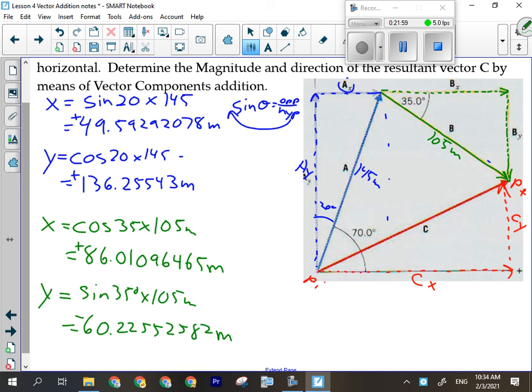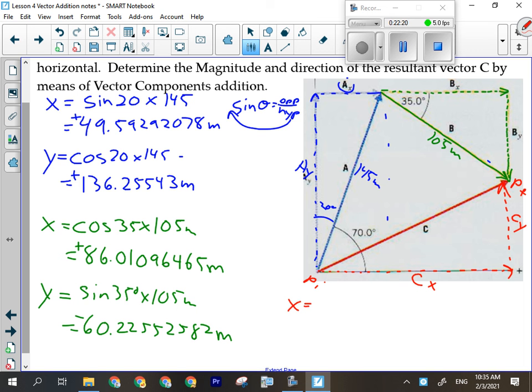All right, I've got all the x's and all the y's now. Can I figure out what my resultant, that's C, its x and y are? The next step is to add the x's together to get your resultant's x, add your y's together to get your resultant's y. So here's how that looks.